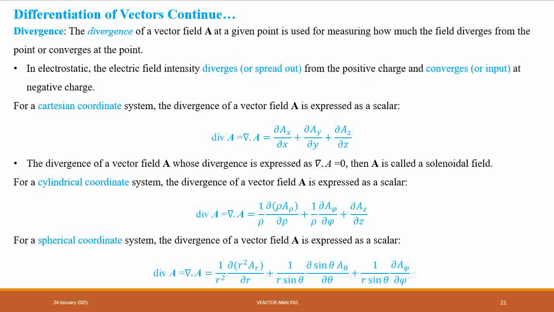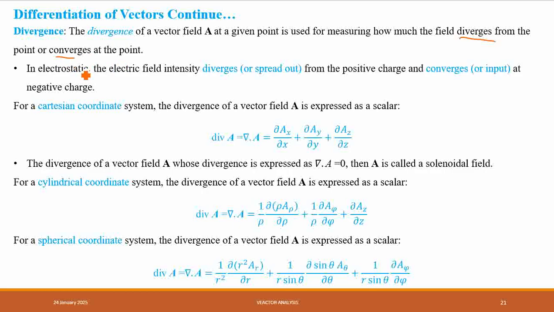Now the divergence. The divergence of a vector field A at a given point is used for measuring how much the field diverges from the point or converges at the point. So first we have to know about divergence from the point and convergence at the point.